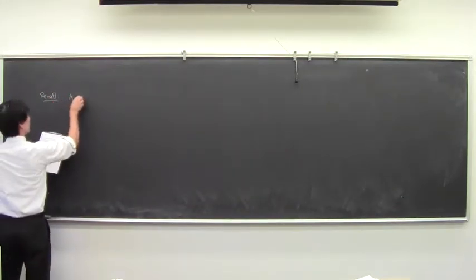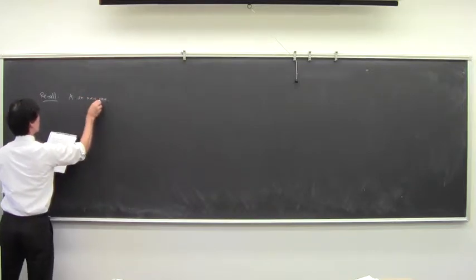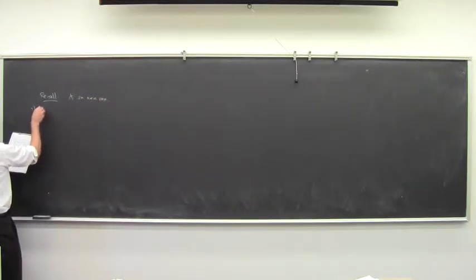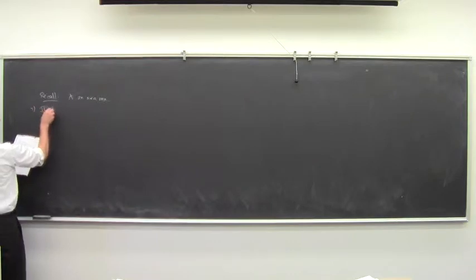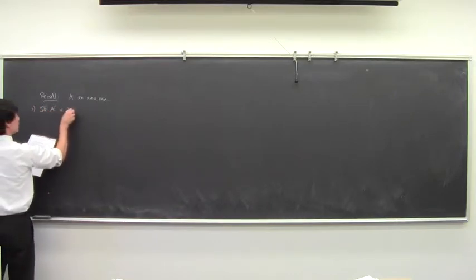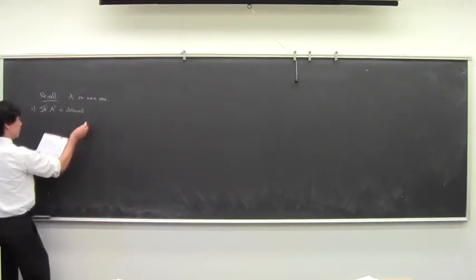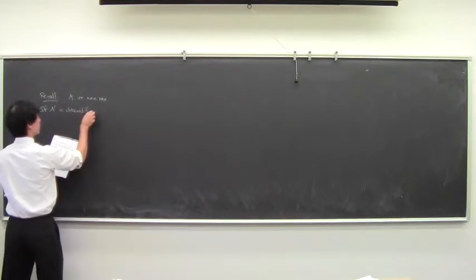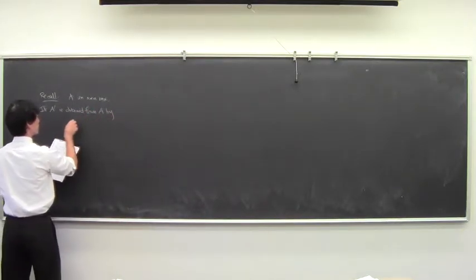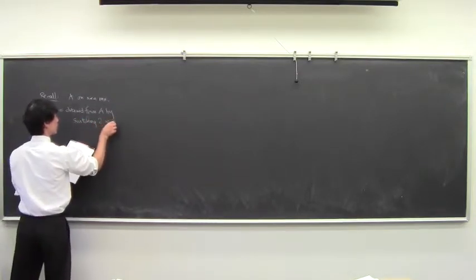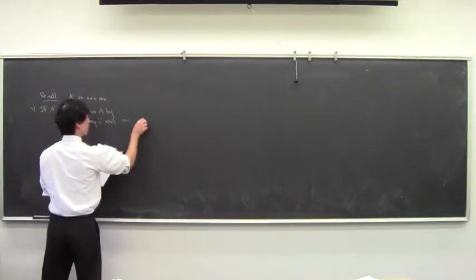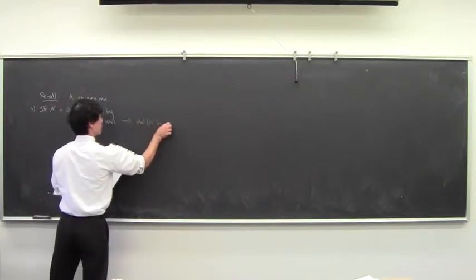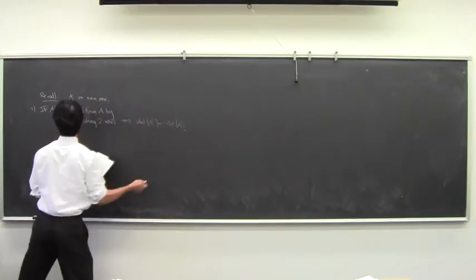you have an n by n matrix, right? If A prime is obtained from A by switching two rows, then the determinant of A prime is minus the determinant of A, right?